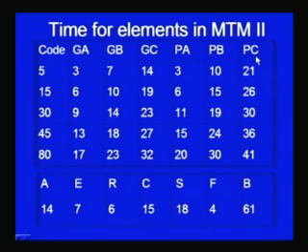A, B, C indicate the increasing degree of difficulty, similarly for GA, GB, GC of the get, and similarly for the put. The codes are indicated for the different distances travelled, like code 5, which is used if the distance to be travelled is 0 to 5 centimeter by a particular body part.